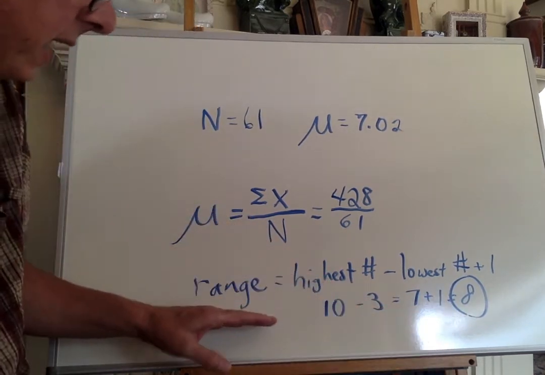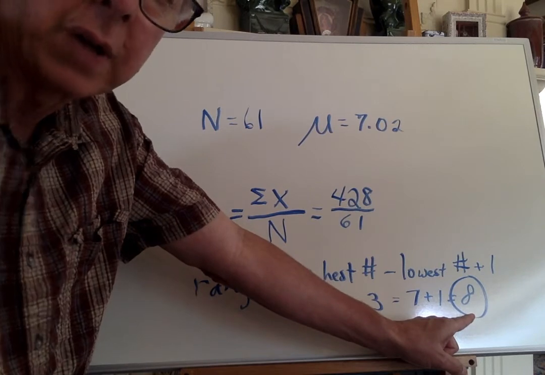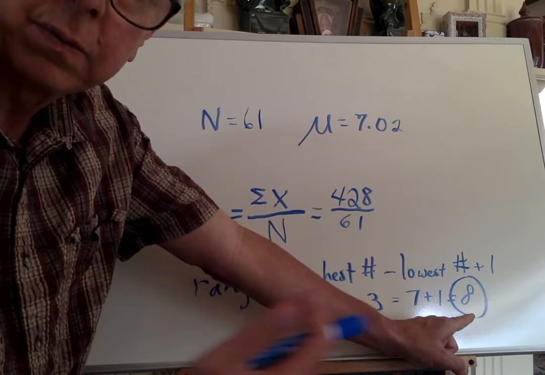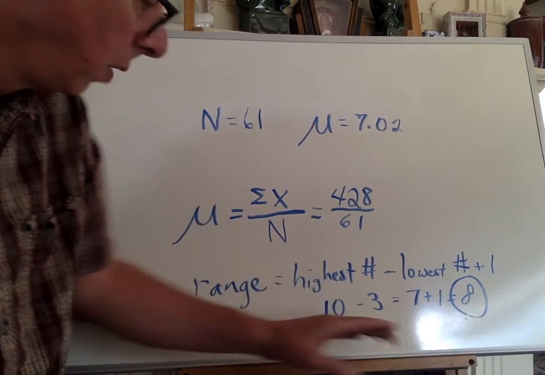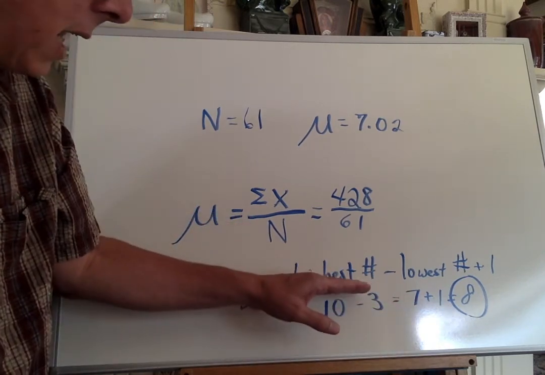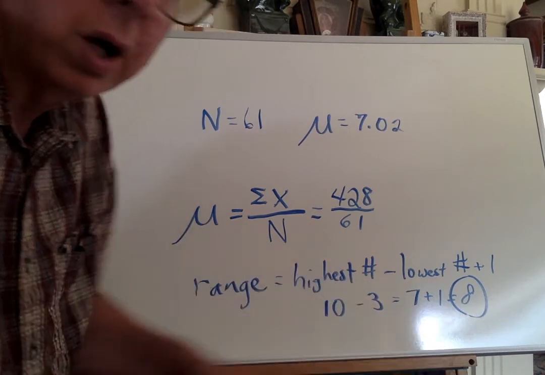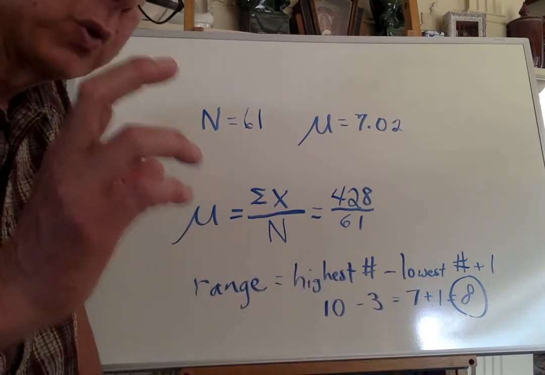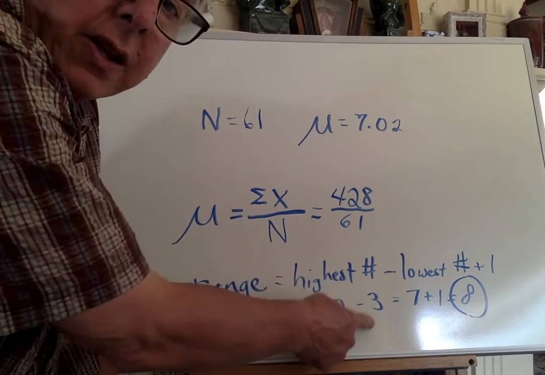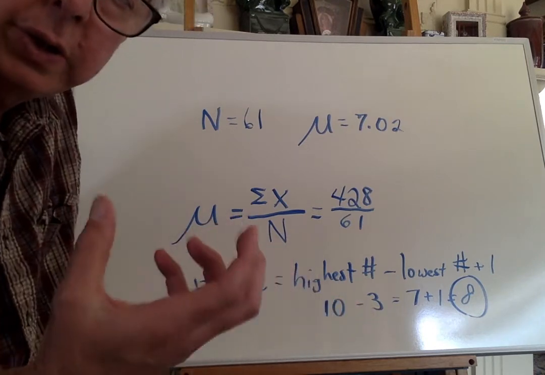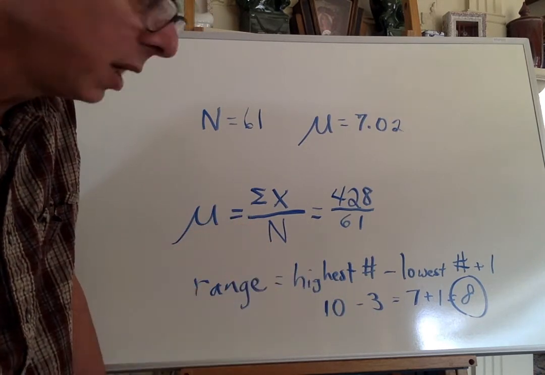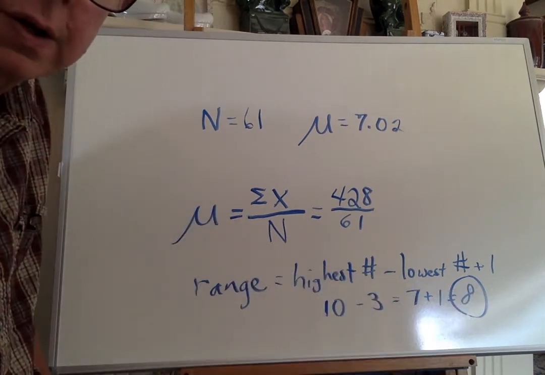And that's because the range tells you how many units across the number line the data traverses, okay? We get that number by taking the highest, subtracting the lowest, but we need to add 1 because we're not looking at the difference between 10 and 3. 10 and 3 need to be included in the range, and so we're going to add 1, okay?